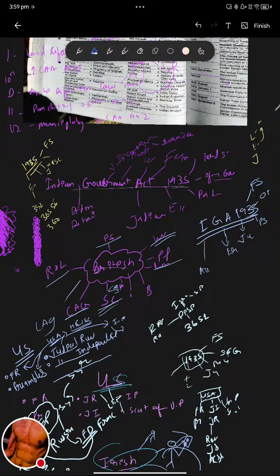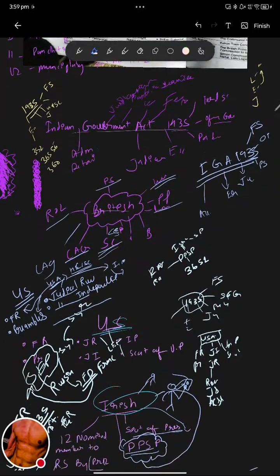Then there are administrative details. Okay. Then from the British, it was parliamentary government, rule of law, CAG, cabinet system, bicameralism, and all that.